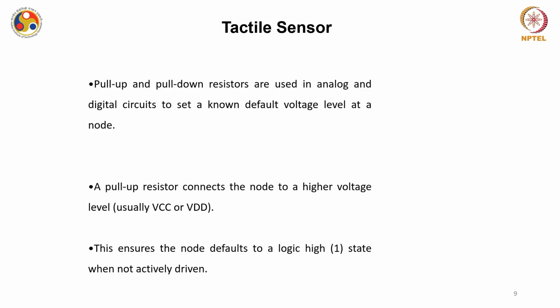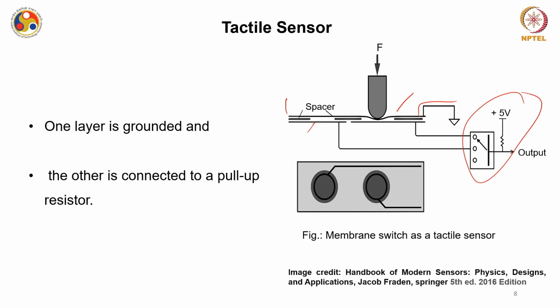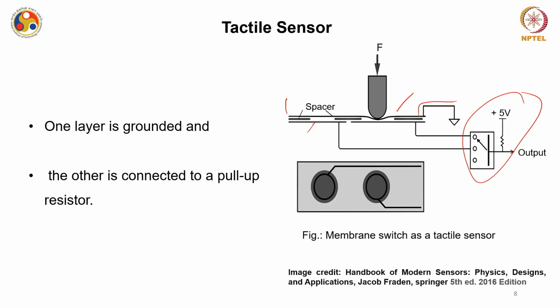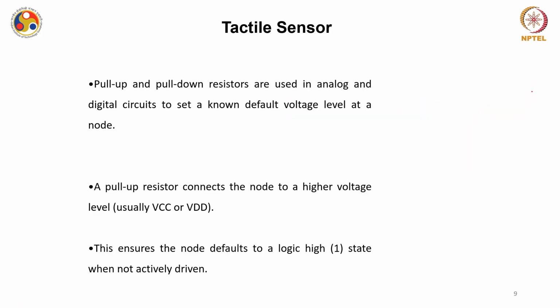Pull-up and pull-down resistors are used in analog and digital circuits to set a known default voltage level at a node, and that is what we are doing in this configuration. A pull-up resistor connects the node to a higher voltage level, usually the VCC value. Here I am using plus 5 volts; you can have other values. This connection ensures the node defaults to a logic high.